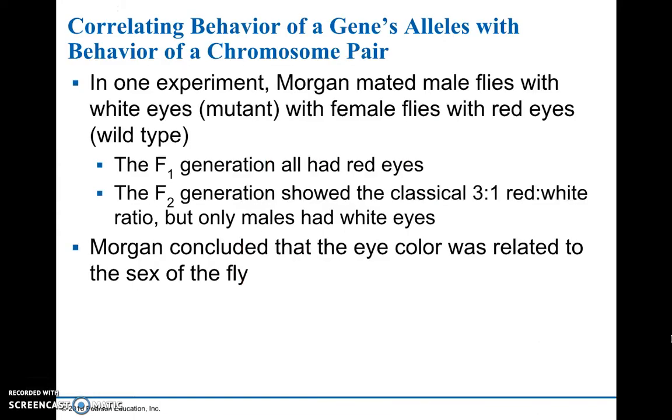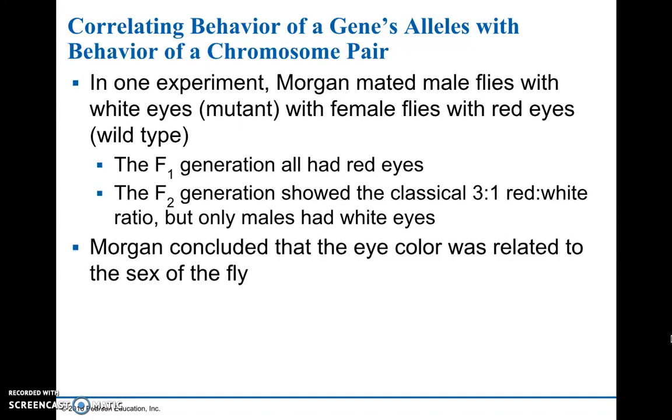In one of his experiments, Morgan mated male flies with white eyes, the mutant types, with female flies with red eyes, the wild types. He did this similar to how Mendel did, where he put purebred with purebred. And what he observed, similar to Mendel, is that the F1 generation all had red eyes, which is what would be expected.